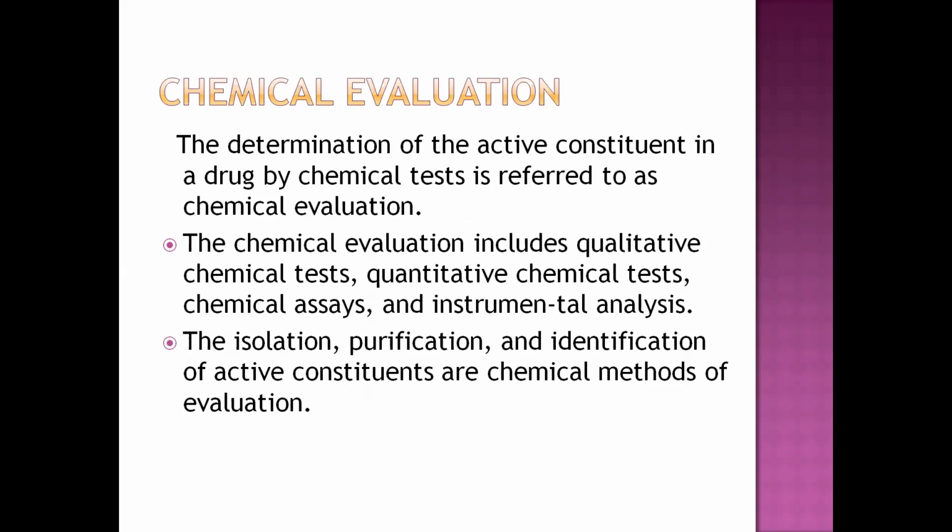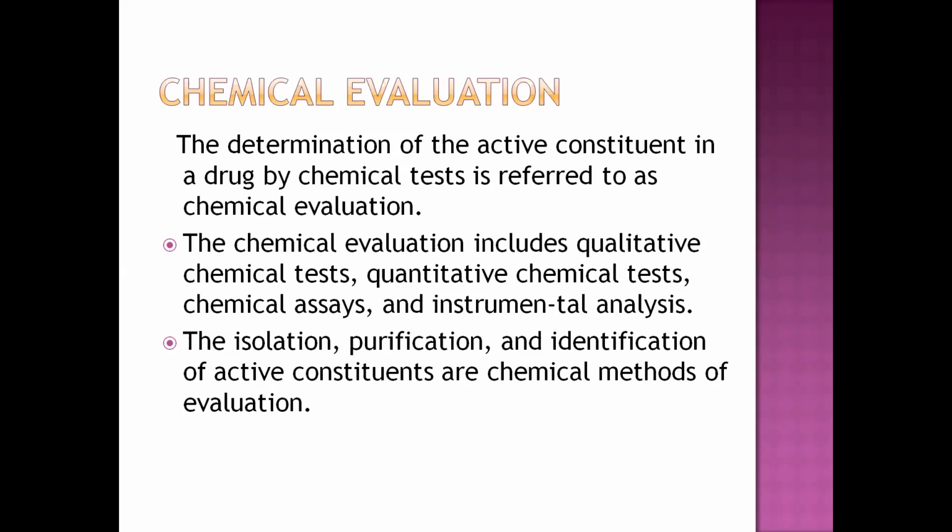The chemical evaluation methods include qualitative chemical tests, quantitative tests, and chemical assays also. So the determination of the active constituent in a drug by chemical test is referred to as chemical evaluation. This is the basic definition of chemical evaluation.